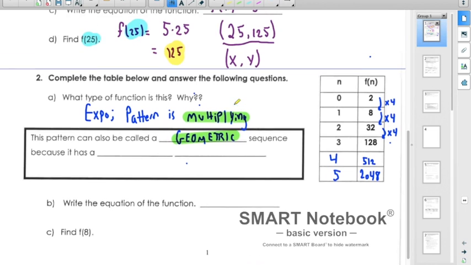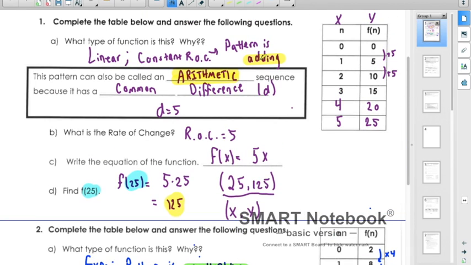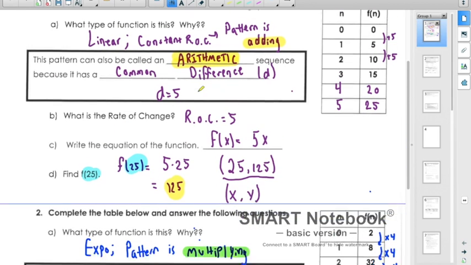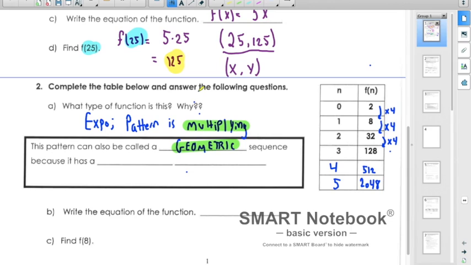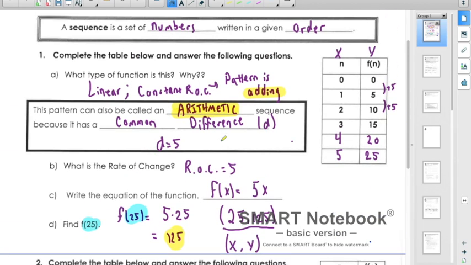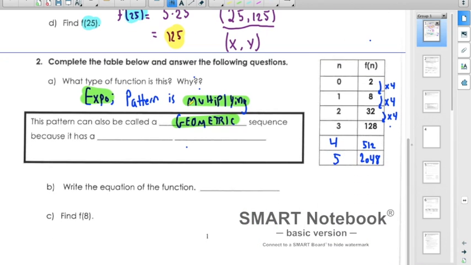Just like up here, when we were adding, it's an arithmetic sequence. Well, if it's multiplying, it's going to be a geometric sequence. So exponential goes with geometric, and linear goes with arithmetic. Okay?